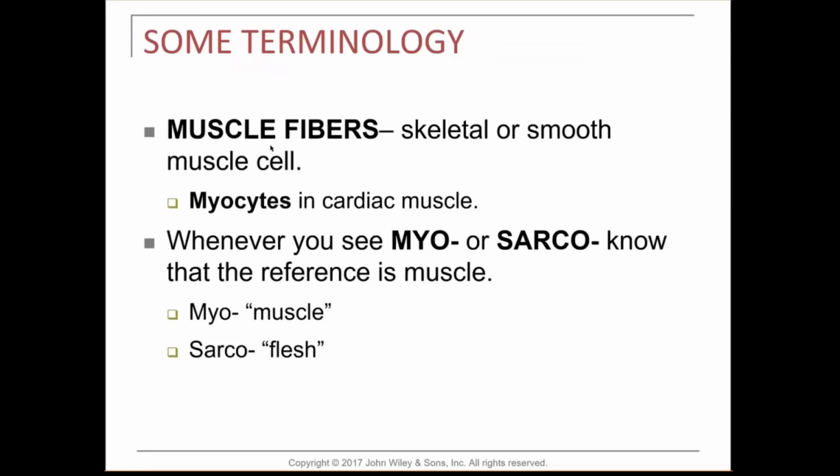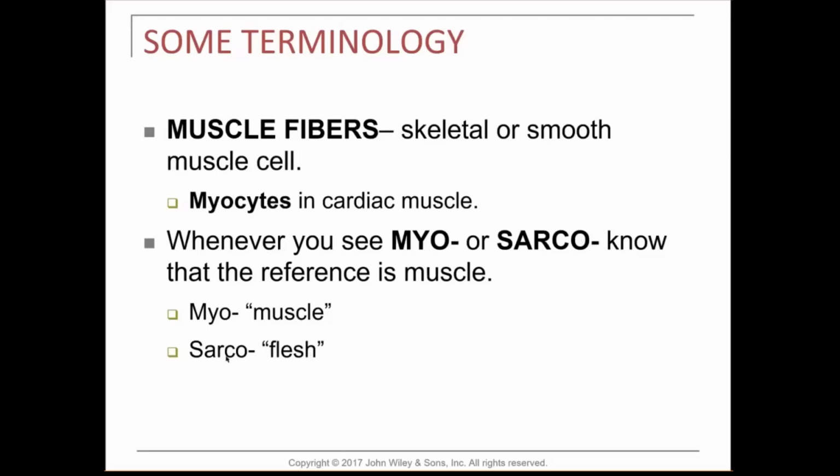This is not really a testable thing, but just be familiar with what muscle fibers are relating to. Also, something that might help you out later on when you're applying medical terminology: myo and sarco. Anytime you see these terms, what we're referring to is muscle. Myo means muscle, and sarco refers to flesh, which indicates that it's talking about muscle.